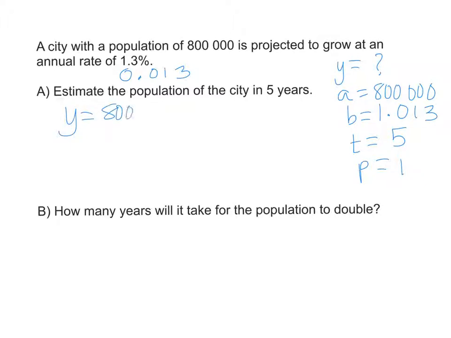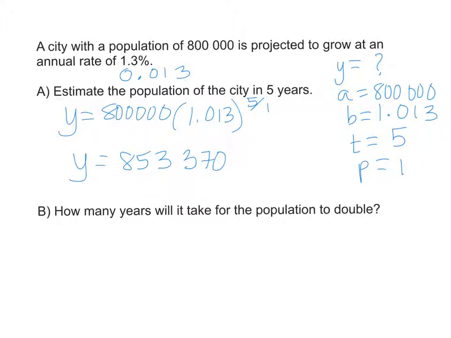It's 800,000 times 1.013 to the power of 5 over 1. And I get 853,370.